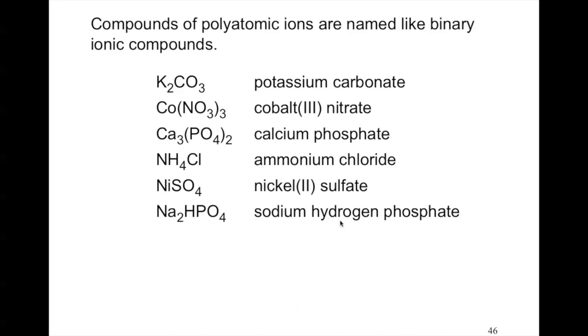So this is sodium hydrogen phosphate. We don't have to say disodium hydrogen phosphate. Everything that we need to write the formula is inherent in the name. If we had the formula NaH2PO4, so we had the molecular ion dihydrogen phosphate, we would name that sodium dihydrogen phosphate.